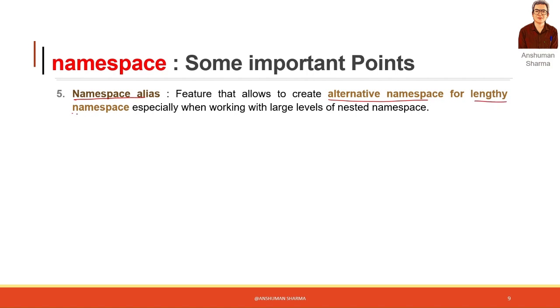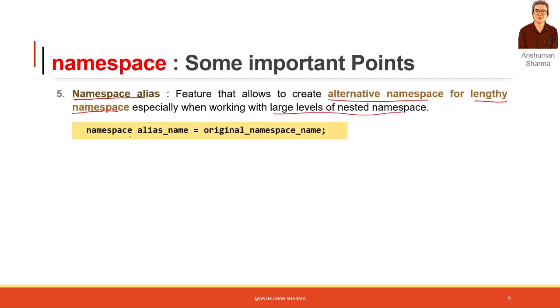Lengthy namespaces arise specifically when we are working with nested namespaces. Assume three levels of nesting or even more, and the nested namespace names will be very lengthy. In order to avoid this, we can use the namespace alias feature, where we write namespace followed by the alias name and is equal to the original namespace. So it provides a more meaningful and descriptive name.